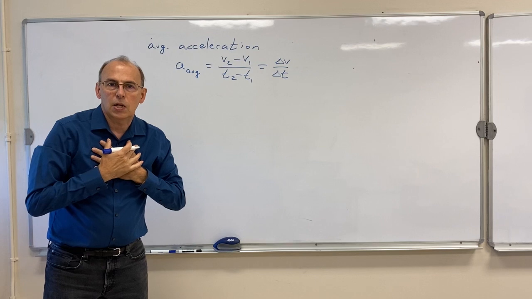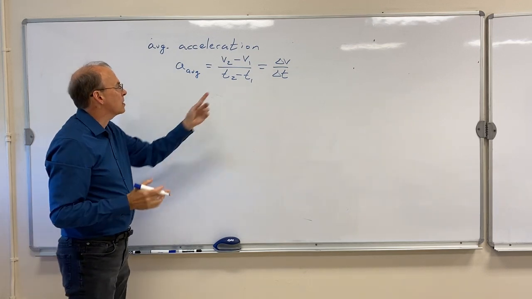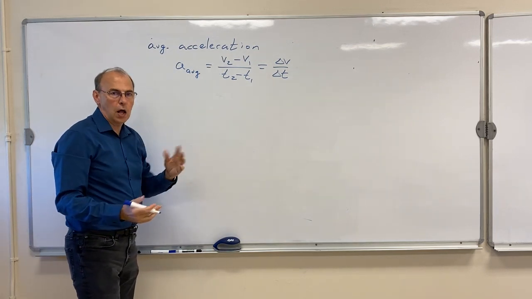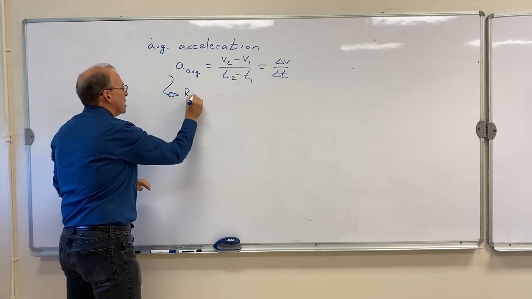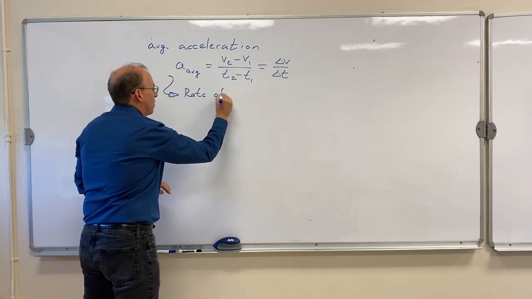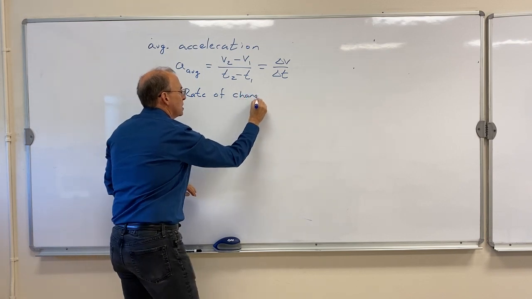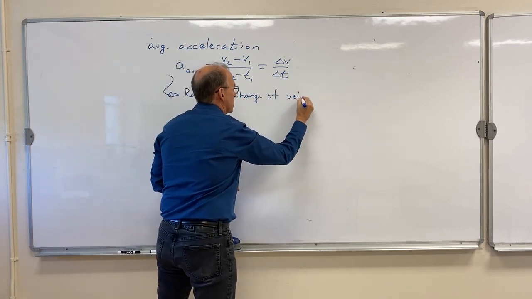So that's again a rate of change of something. Rate of change of what? Velocity. So our definition of average acceleration is rate of change of velocity.